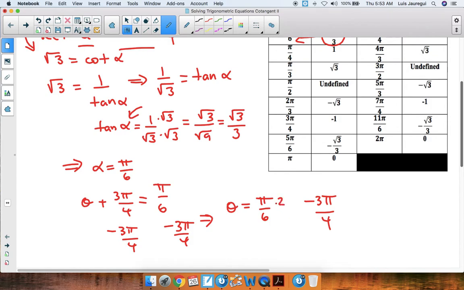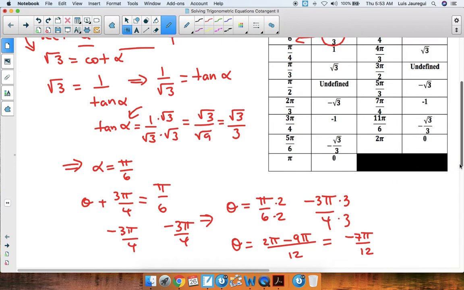So let's multiply this one by 2 over 2 and this particular expression by 3 over 3. So we get that theta is equal to 2 times pi minus 3 times 3 times pi, which is minus 9 pi, all over 12, which gives us negative 7 pi over 12. But notice that theta is not on the interval from 0 to 2 pi.